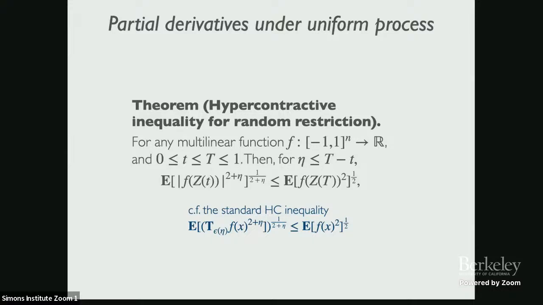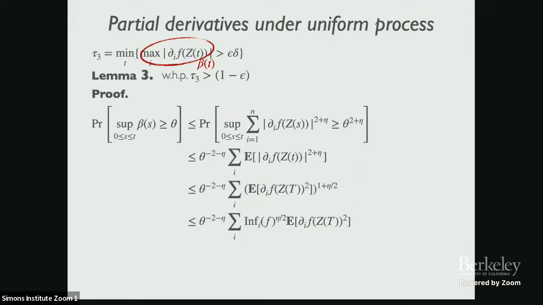And when you run your process a little bit, you expose a little bit more information about the inputs. So you can think of this Z little t as a noisy version of the Z capital T. So this is something you can expect to be true. And so we prove it.